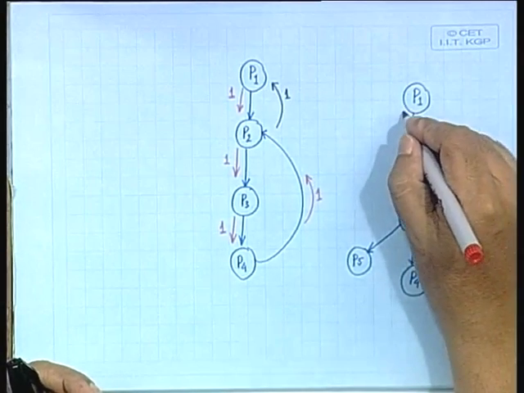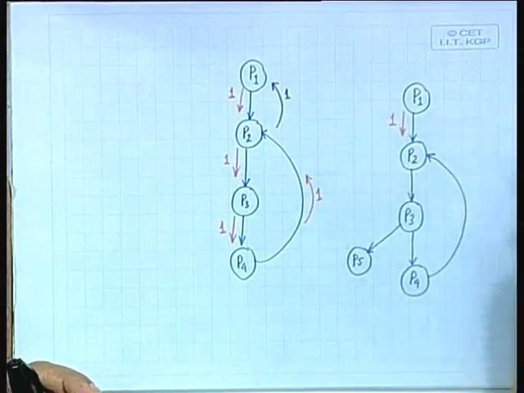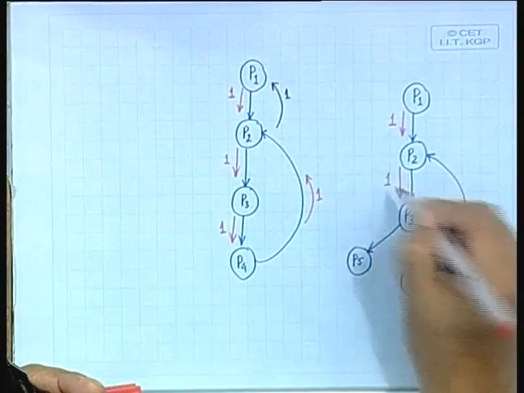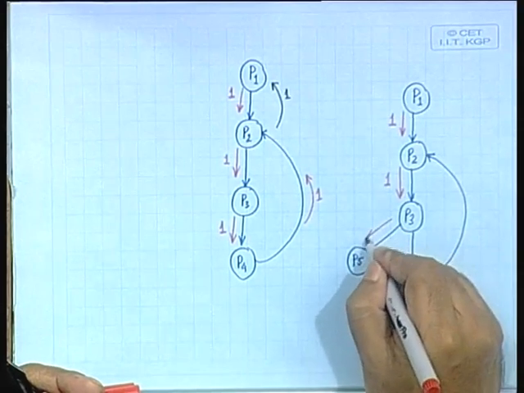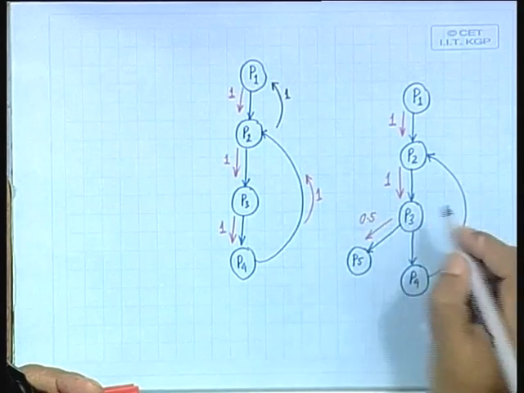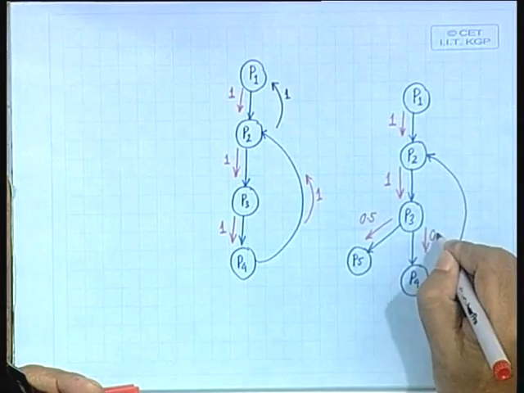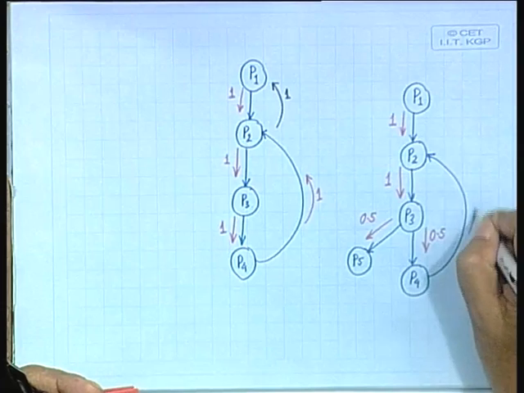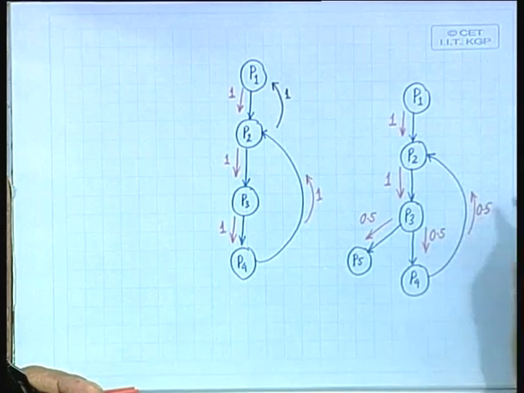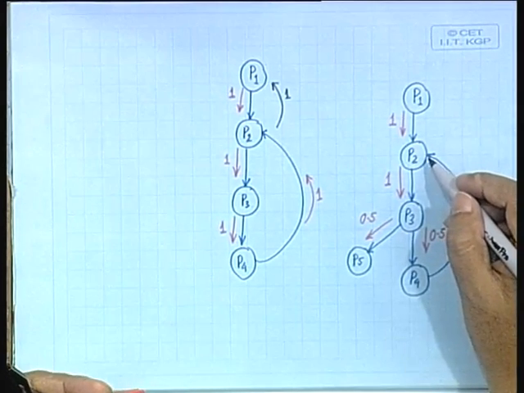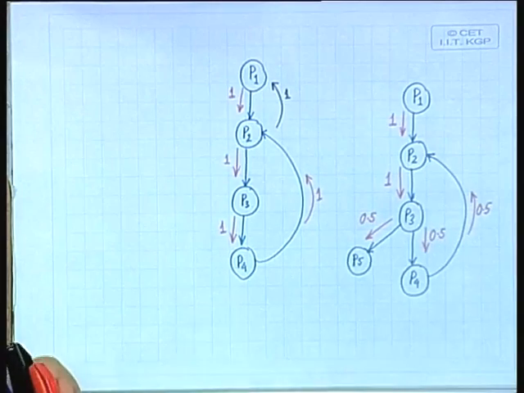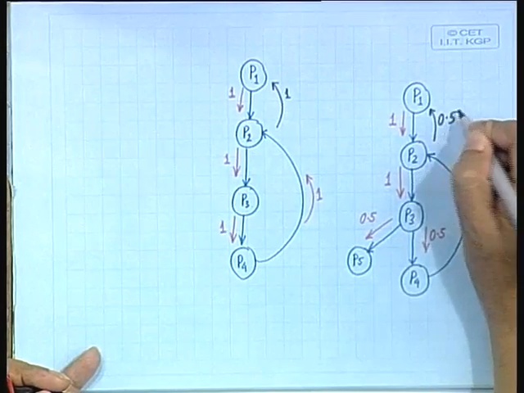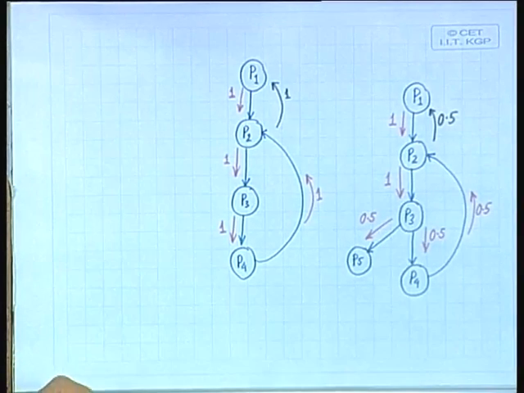So let us see what happens. Flood with a weight of 1, then again flood with a weight of 1, flood with 0.5, flood with 0.5, right? Then flood with 0.5. When it reaches here for the second time, it will short this 0.5. Now P1 has 0.5 back. What is this one going to do?